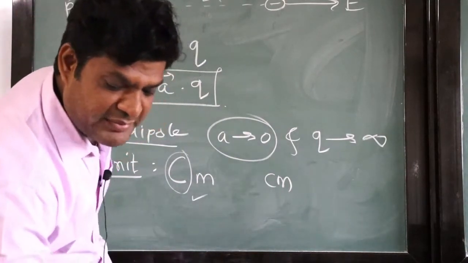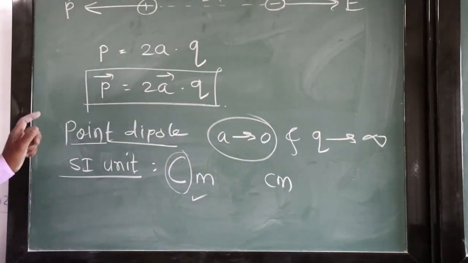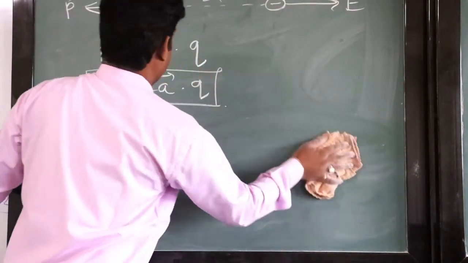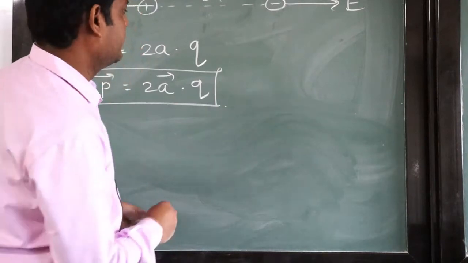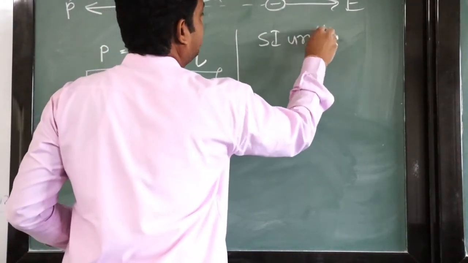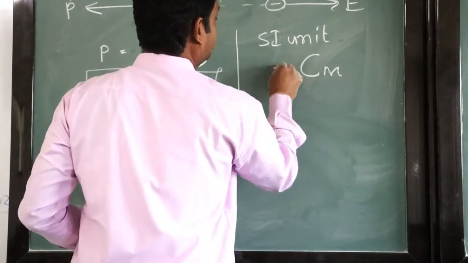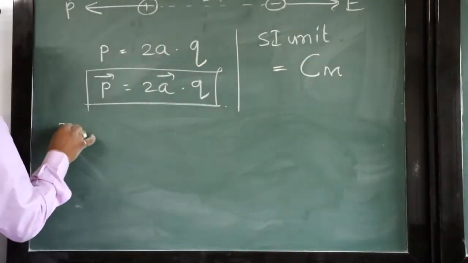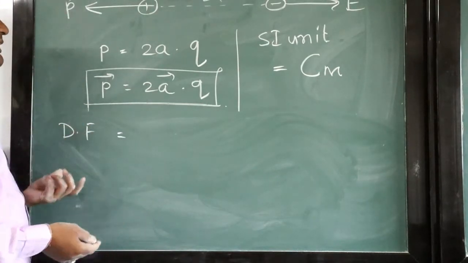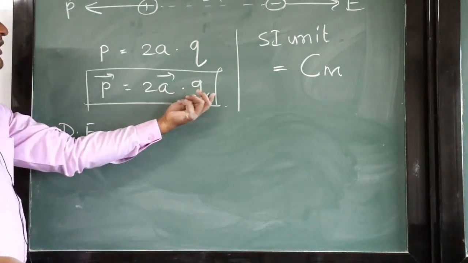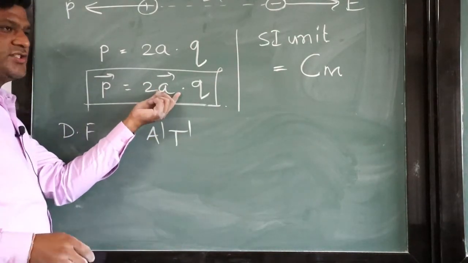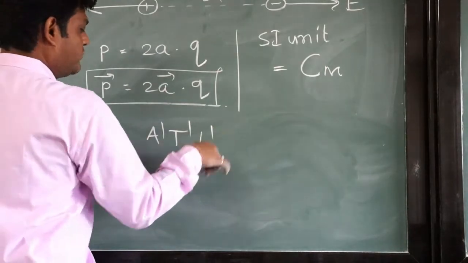Now we will see the dimensional formula for the electric dipole. The SI unit is coulomb meter. For the charge q, we can write A raised to 1, T raised to 1. For the distance, we write L raised to 1.